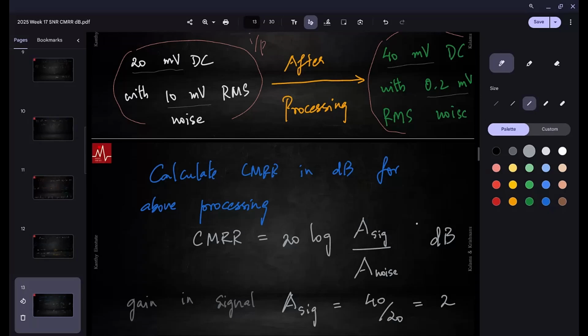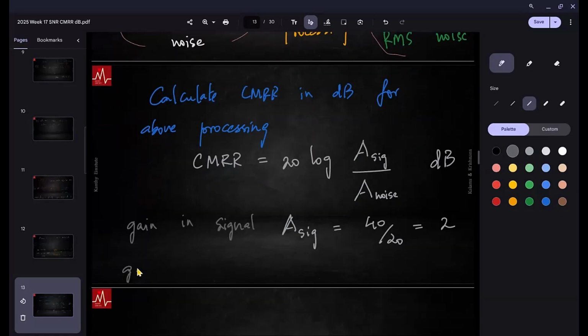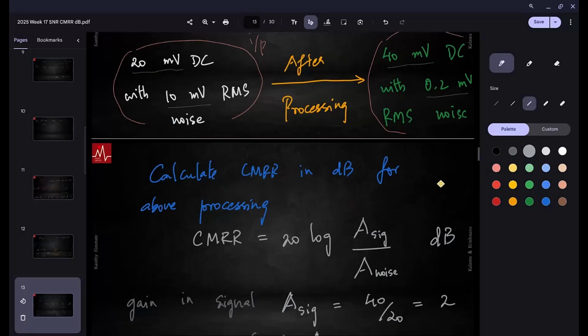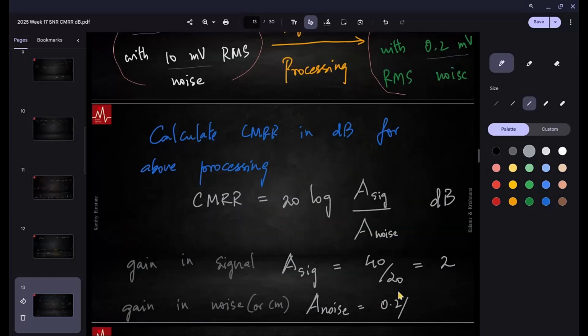Millivolt became, sigma became that. Okay. Now, gain in noise, or common mode, that I have written as A noise. Output is 0.2. Input is 10. 0.02.